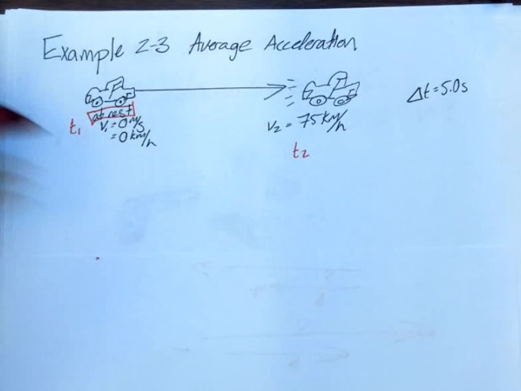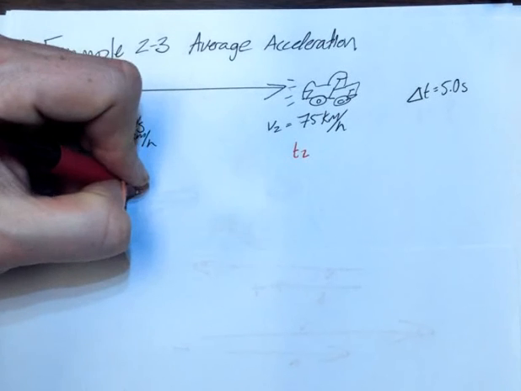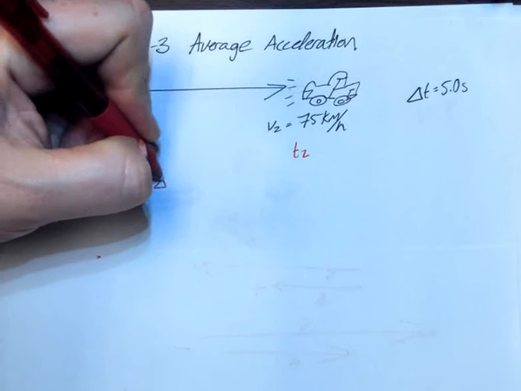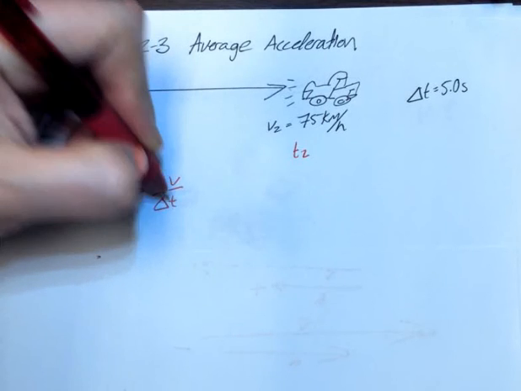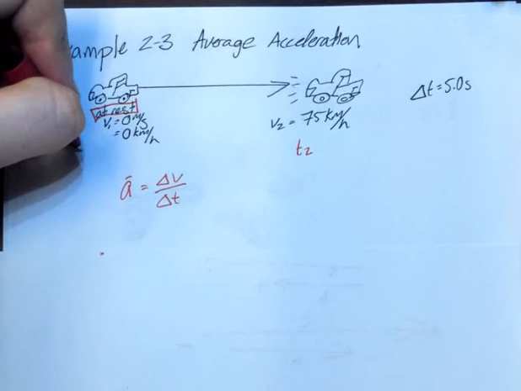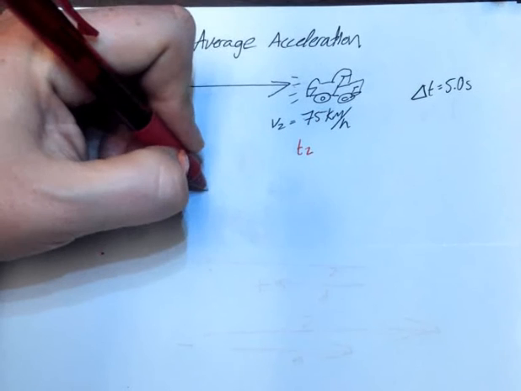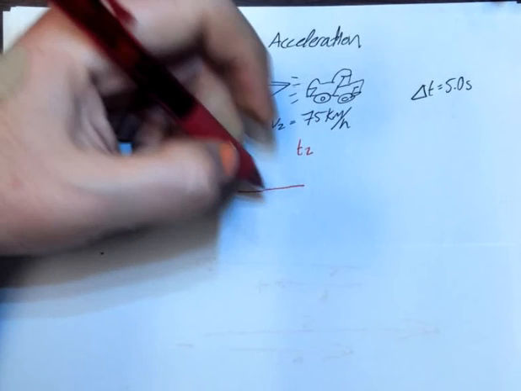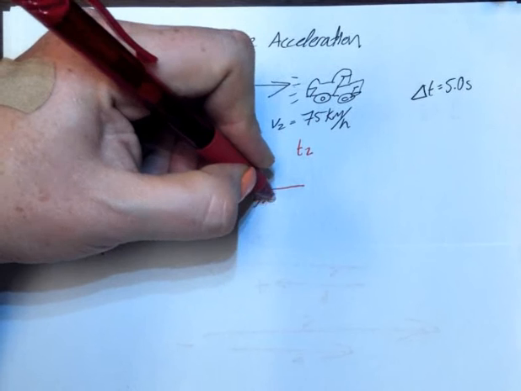The average acceleration is going to be the change in velocity over the change in time. We can set our initial time to 0 seconds, so that means that the total time it took was 5.0 seconds.